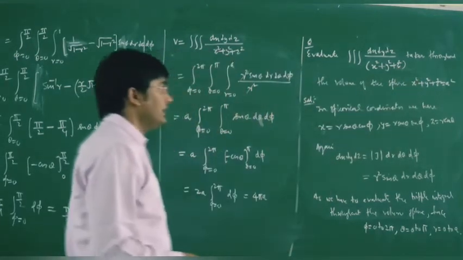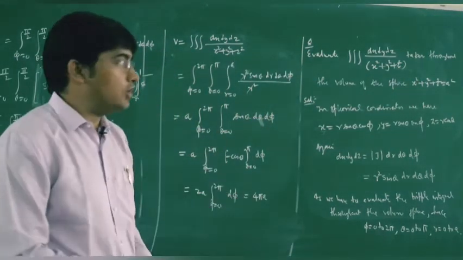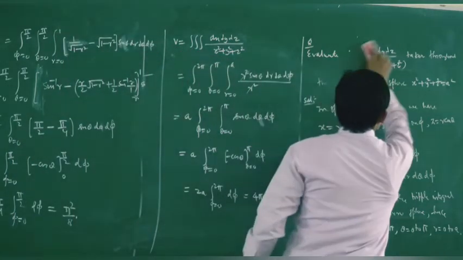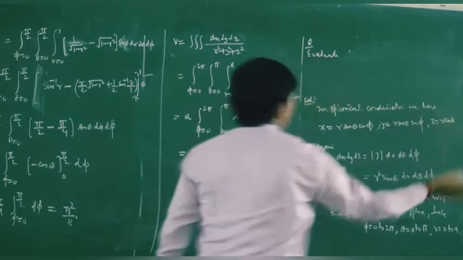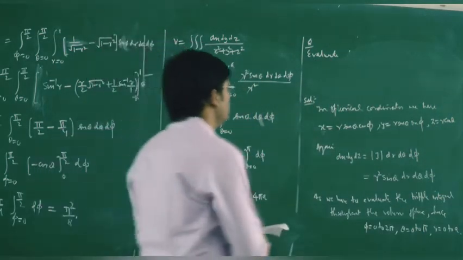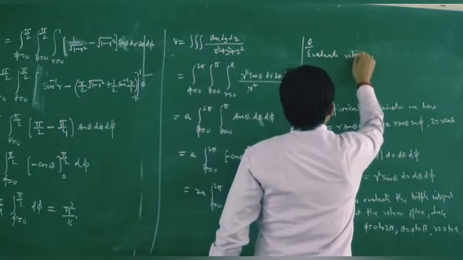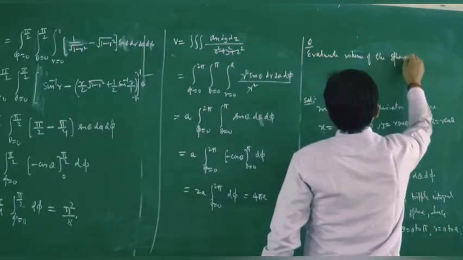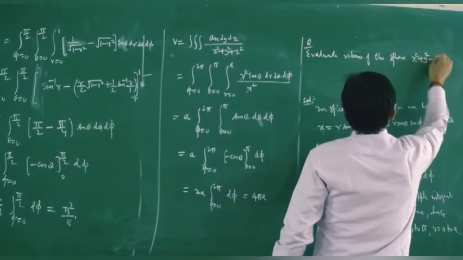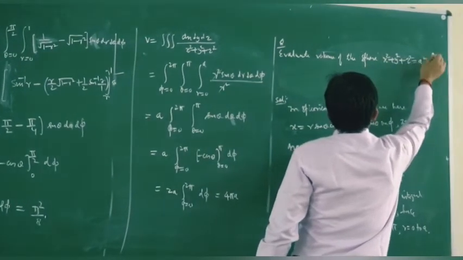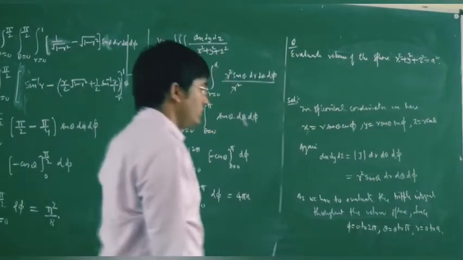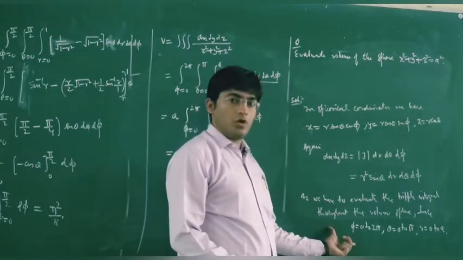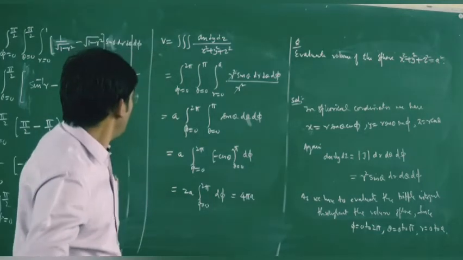So with the similar calculation, evaluate the volume of the sphere x square plus y square plus z square equal to a square. So we have all these things common.